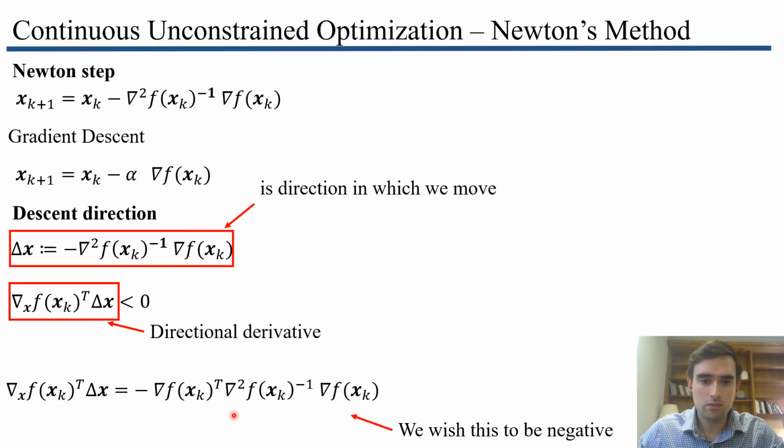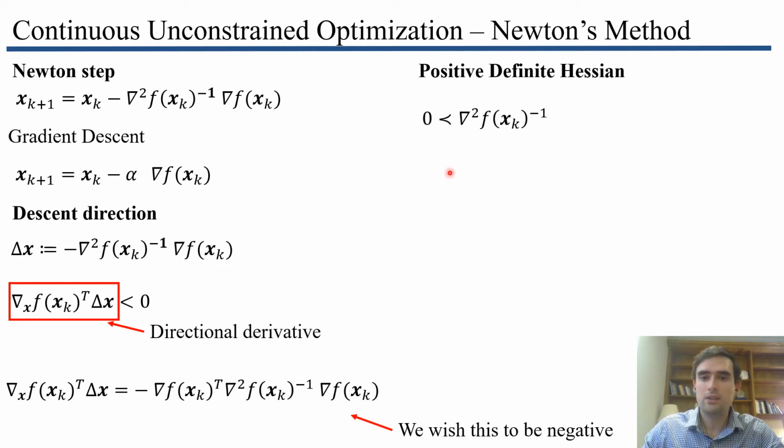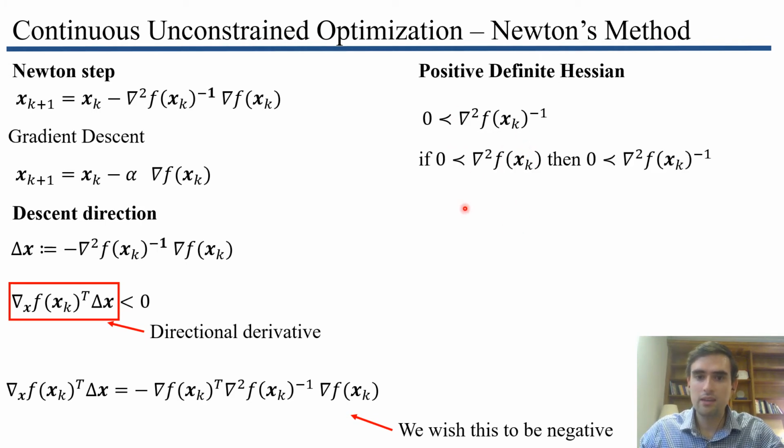And so what we'll see is that in a convex problem, this is a decreasing direction. For this, we see that if we have a positive definite Hessian, then we have a positive definite inverse of the Hessian. So we want the inverse of our Hessian to be positive definite.